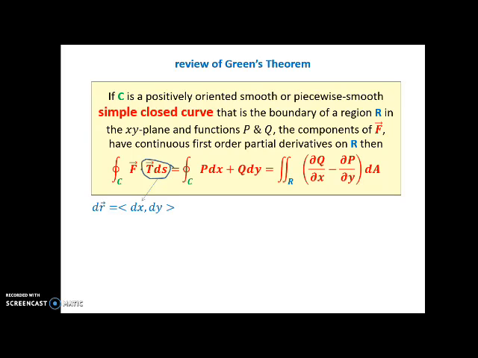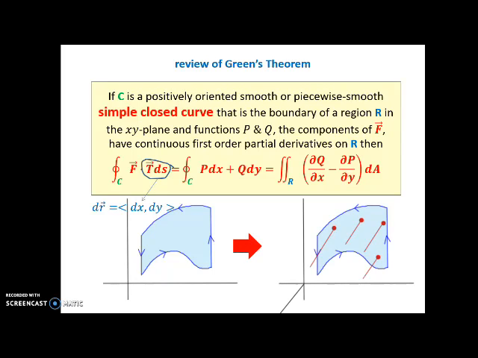Now notice that T ds is dr, which equals dx, dy, which makes it obvious why the second line integral is equivalent, T being tangent to the curve, and ds being the instantaneous change along the curve. And so here's a picture of a region R in the xy plane, and C is the curve that goes around, that forms the boundary, and it's counterclockwise, positively oriented.